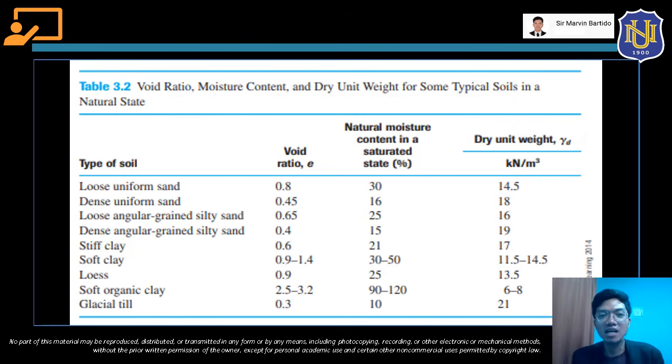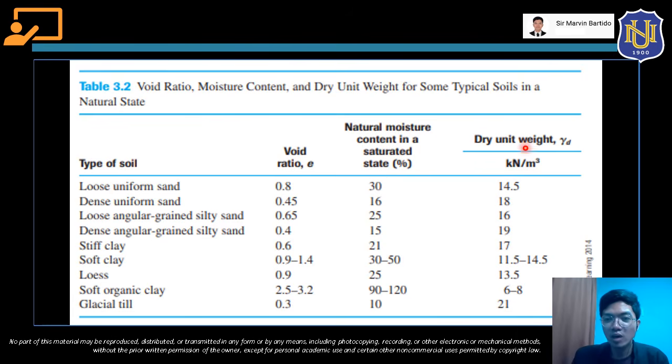So also class, here in table 3.2, these are the void ratio, moisture content, and dry unit weight for some typical soils in a natural state. So for these types of soil na nandito sa column na ito class, ito yung corresponding void ratio niya sa natural state ha. Tapos ito yung equivalent din na natural moisture content niya in saturated state. So ito ay in percent.